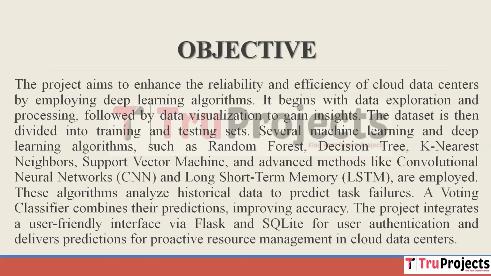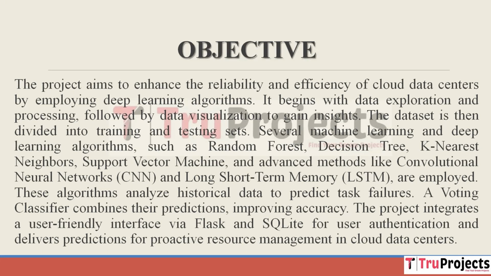The project uses deep learning techniques to improve the dependability and effectiveness of cloud data centers. Data processing and exploration come first, then data visualization to acquire insights. Then training and testing sets are created from the dataset. Numerous deep learning and machine learning algorithms are used, including convolutional neural networks (CNN) and long short-term memory (LSTM), as well as more sophisticated techniques like random forest, decision tree, k-nearest neighbor, and support vector machine.